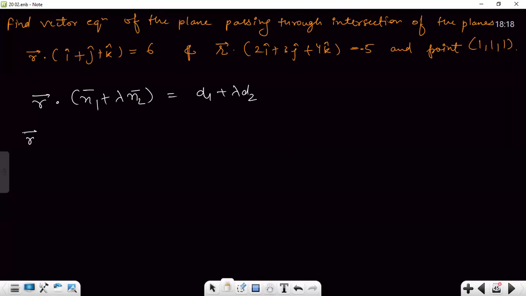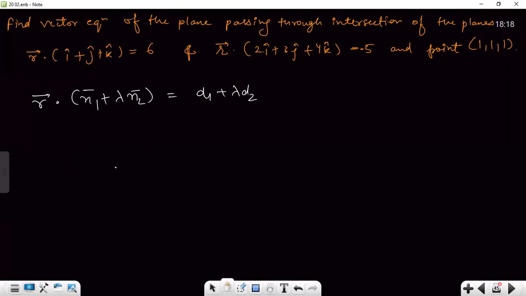Should we apply the Cartesian form? I think we should apply the Cartesian form. That will be way better.